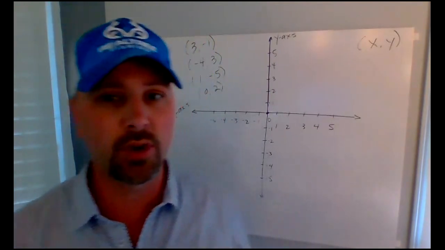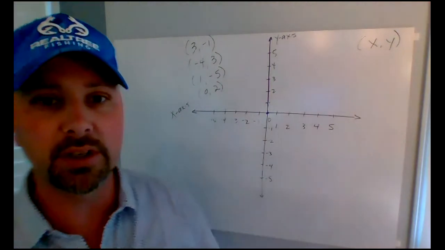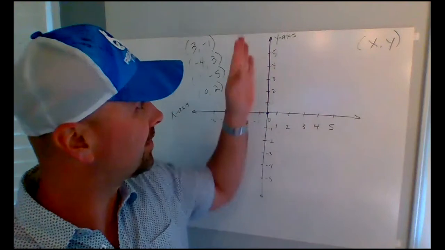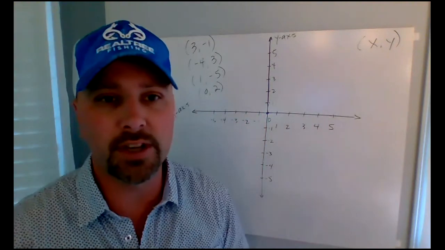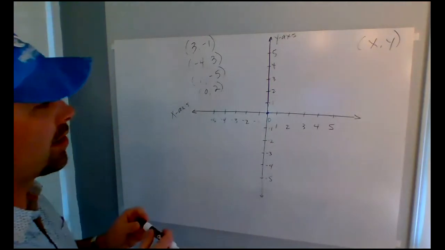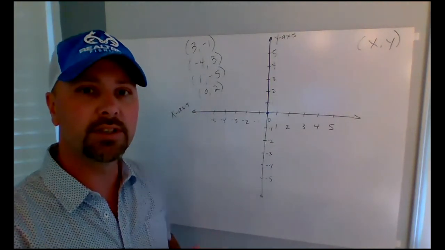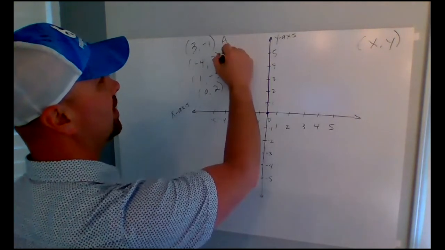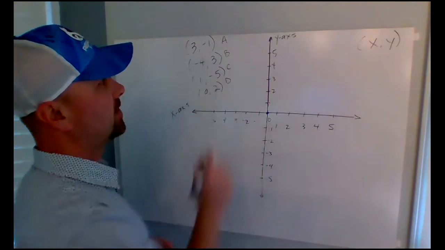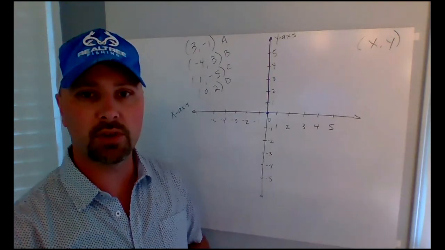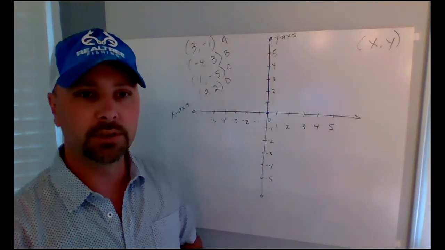Or if you just have some scrap paper, just generally pull this out, or write this down, and it doesn't have to be perfect. We're just working here. All right, so go ahead and pause your screen, decide where you think each of these would be. Let's just go ahead and give them names, A, B, C, and D, okay? So pause your screen, figure out where you think they're gonna go, and then come back.